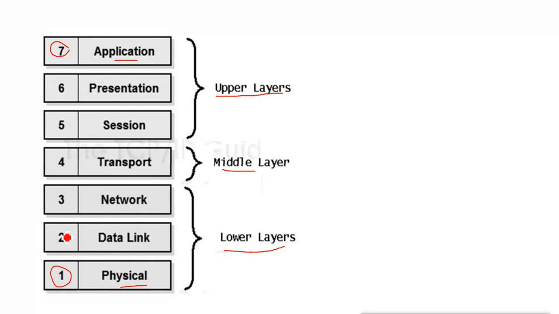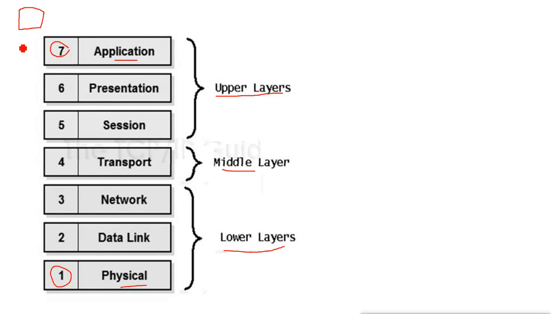Because the numbers start from the bottom, but I'm writing the names of the layers from the top down. Now why am I doing this? Because when you send data, suppose this is my machine, and I'm sending data from my machine to another machine, it will go through all these layers.